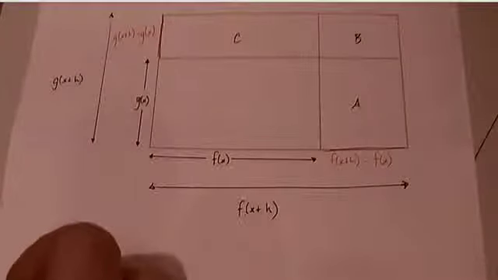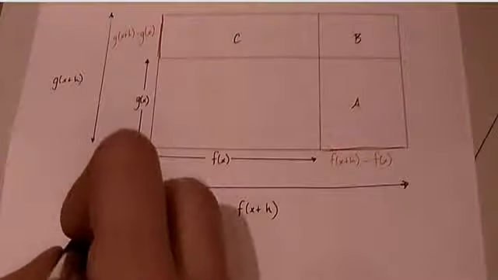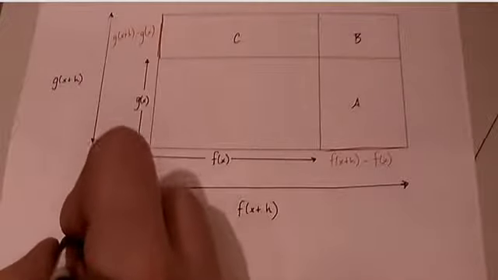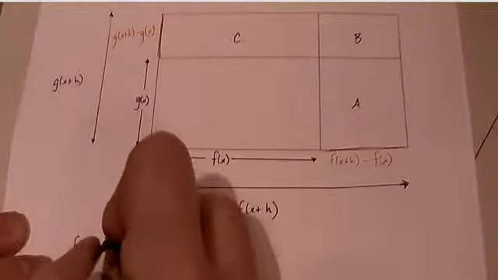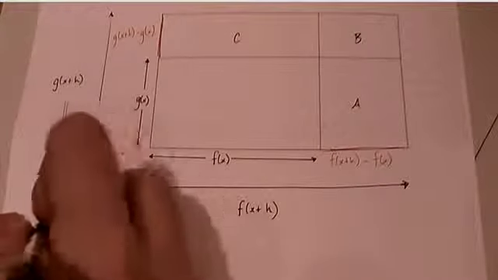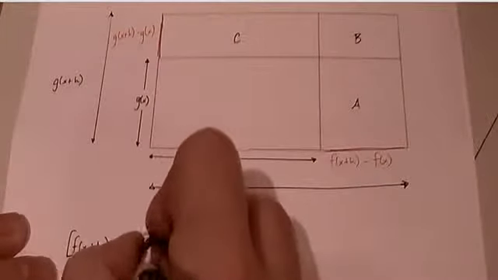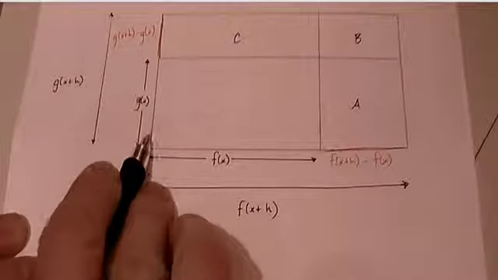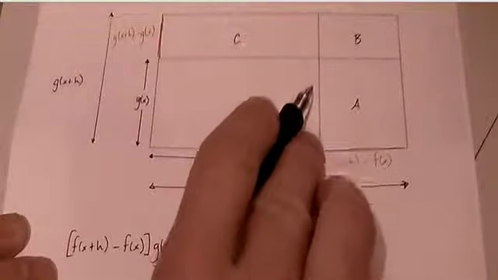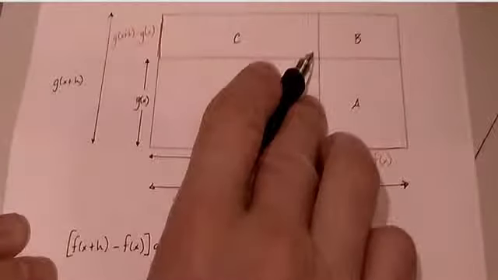Let's go ahead and do it for rectangle A. Now, I know the area of rectangle A is going to be f of x plus h minus f of x times g of x, right? Because if this edge right here is g of x, then this edge right here is also g of x.